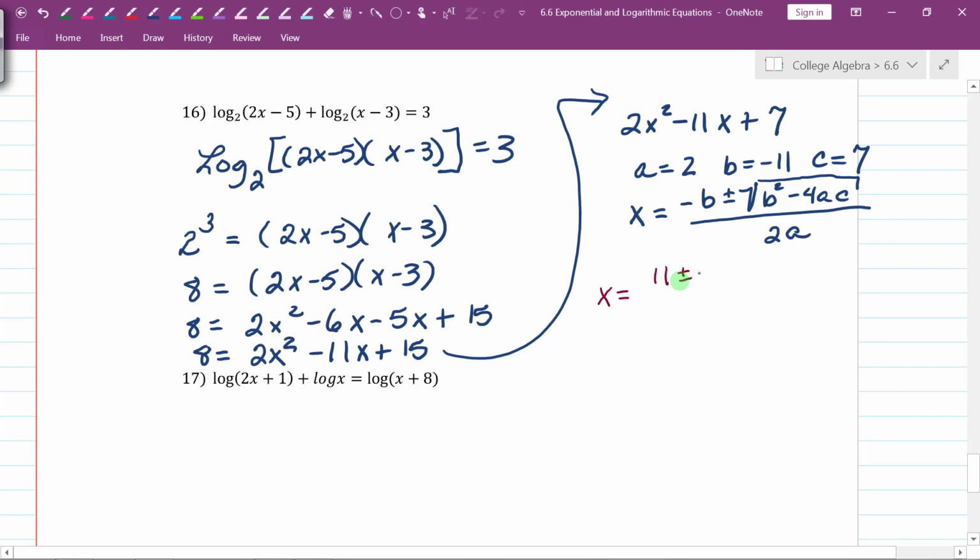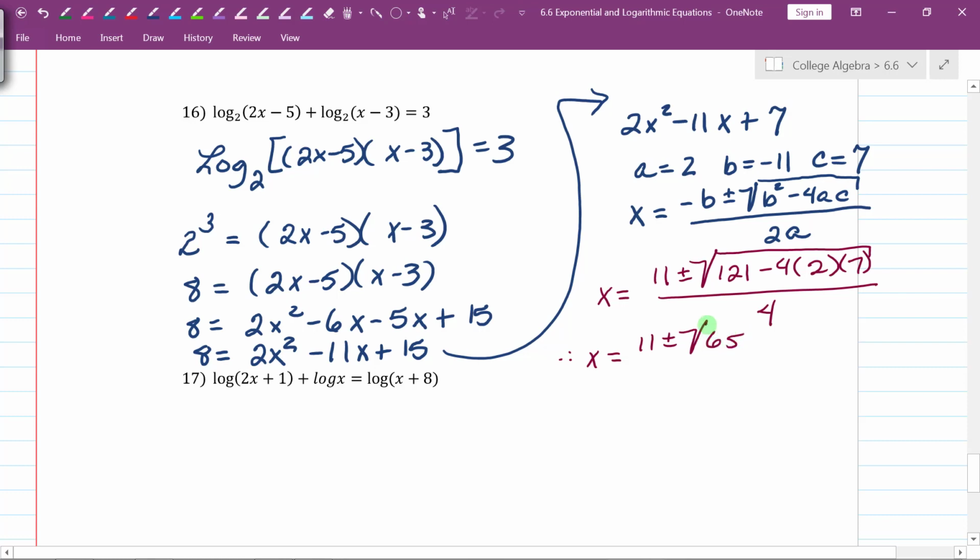Plus or minus the square root of b squared, that's 121, minus 4 times A times C, all over 2A, which is going to be 4. Therefore, X is going to be equal to 11 plus or minus the square root of 65 divided by 4.